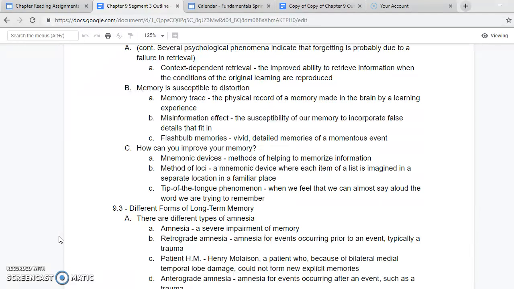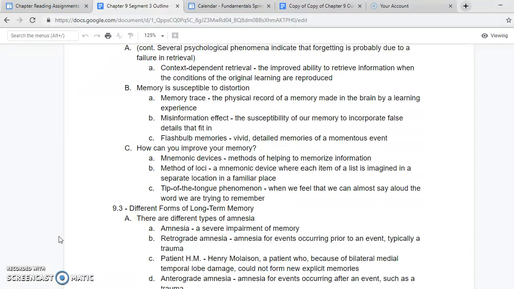Controversial hypnotic methods to retrieve memories, which was talked about in Chapter 7 in the Consciousness chapter, can be seen as problematic just because our memory can be so easily manipulated. And some people may be more susceptible to the misinformation effect than others.